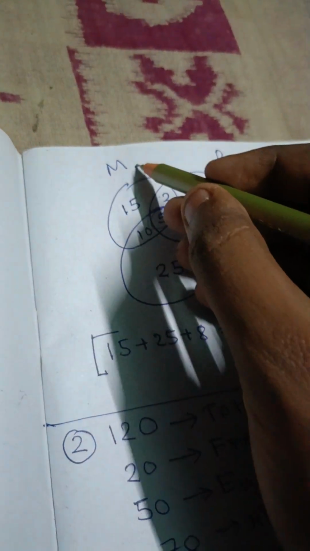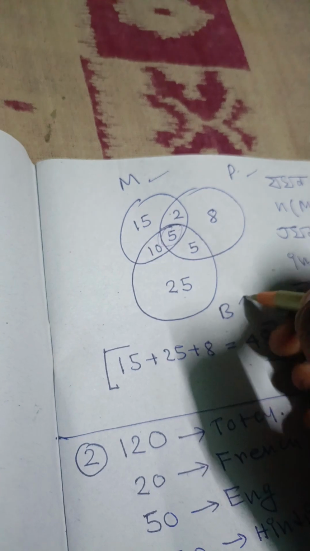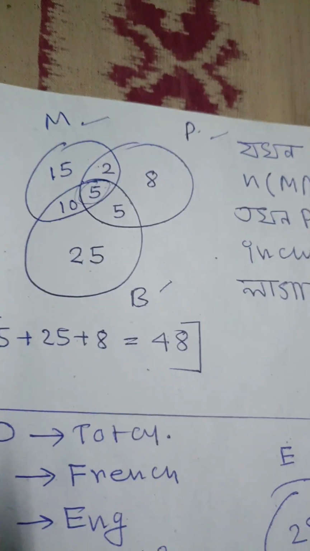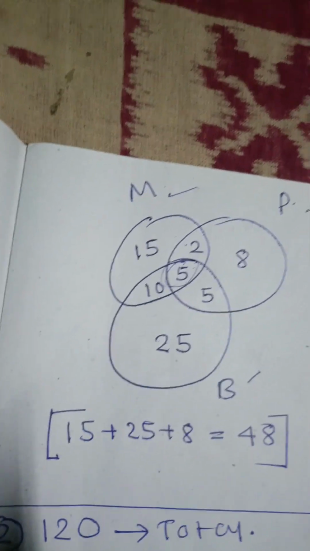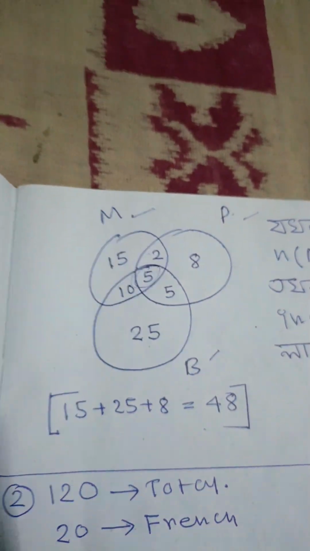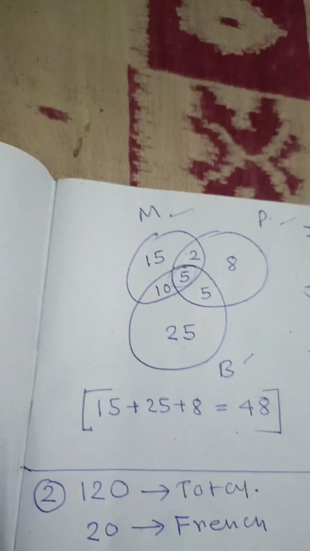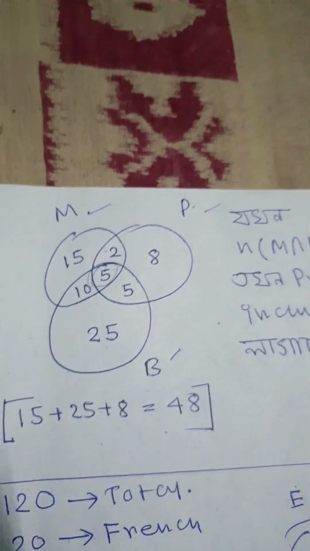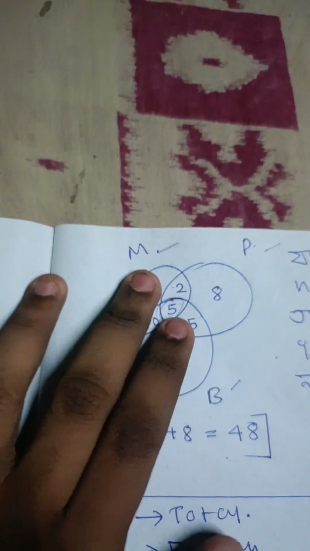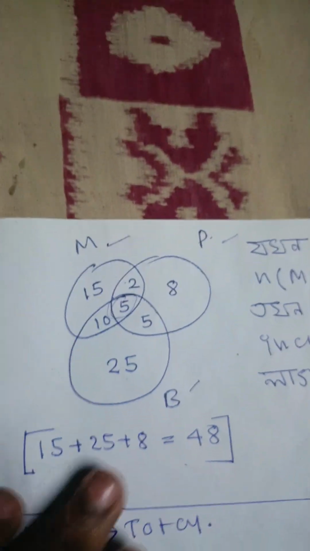Generally problems come with three things, because finding two things is very easy and generally doesn't come in the examination.